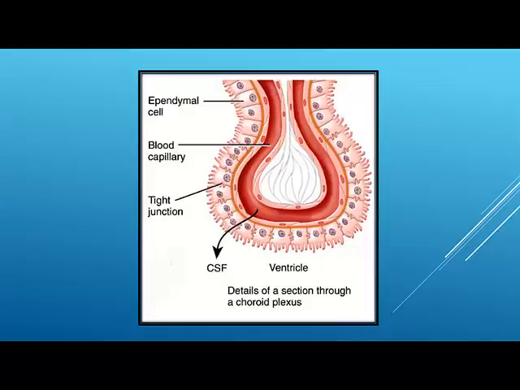So the choroid plexus is made of little villi like this, and its job is to filtrate.